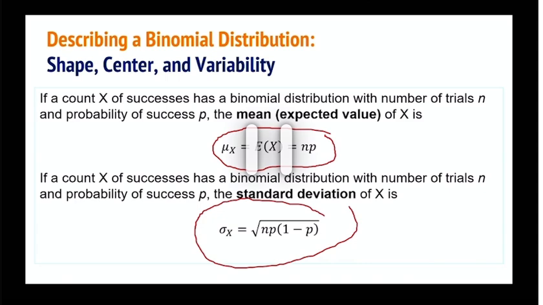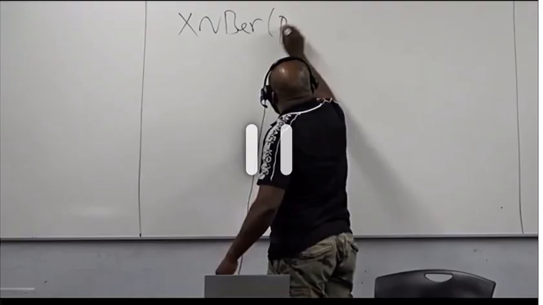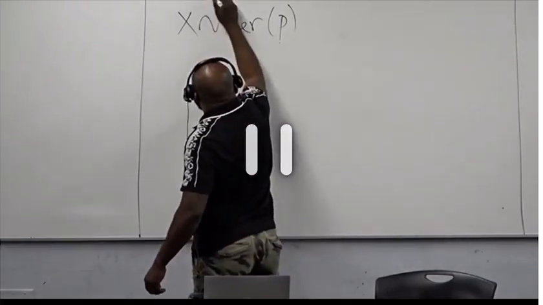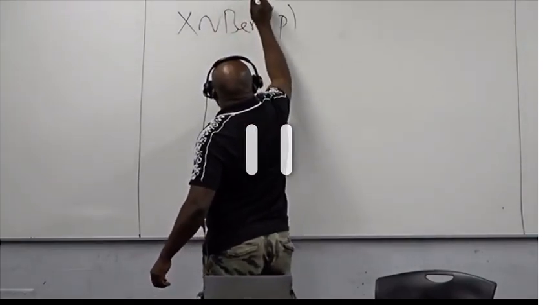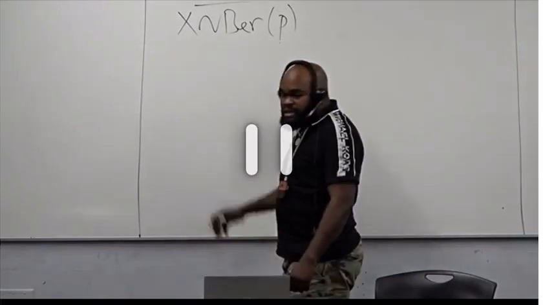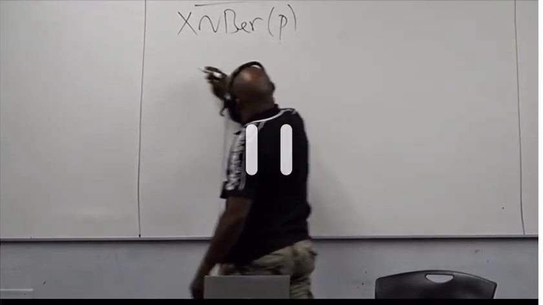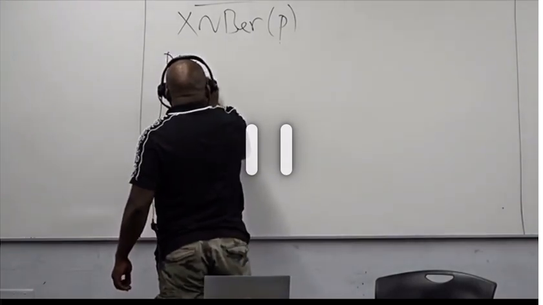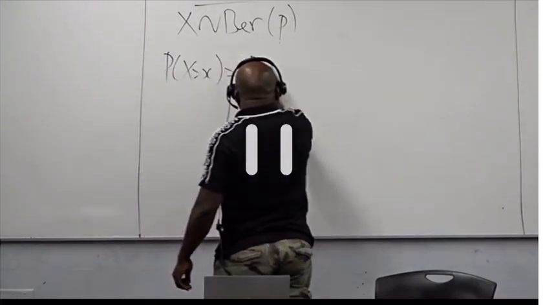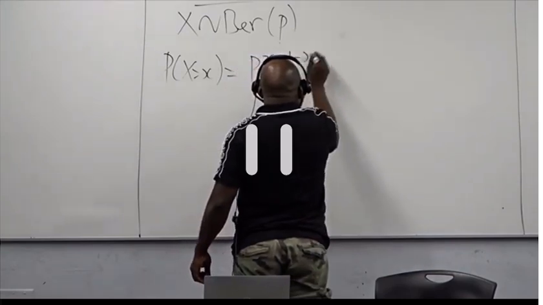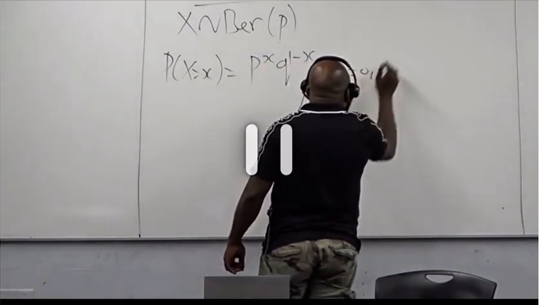So if x follows, whenever you see this, we mean Bernoulli. When x follows a Bernoulli distribution with parameter p, the probability of x equal to s is p raised to power x, q raised to power 1 minus x, where s takes values 0, 1.